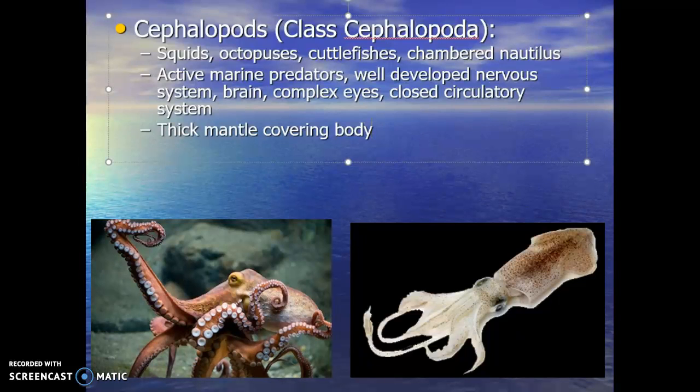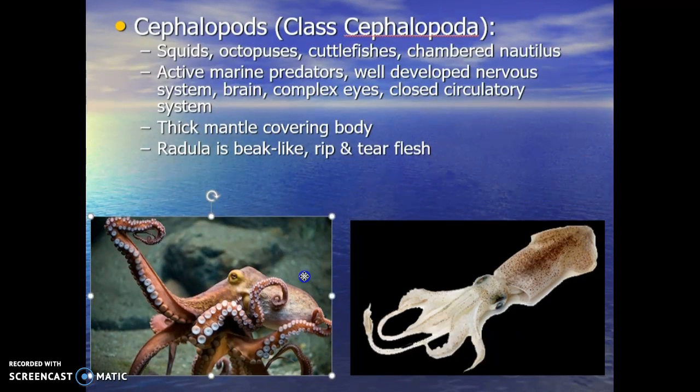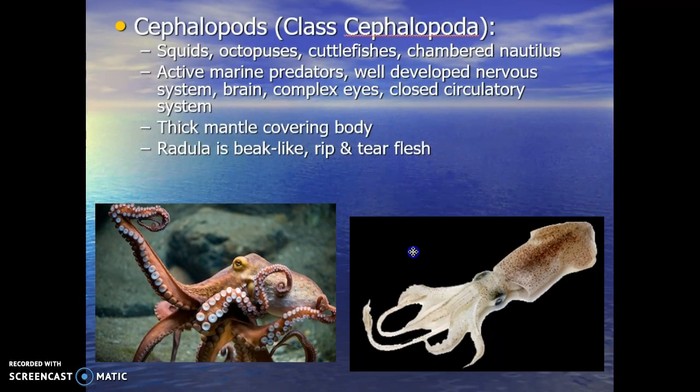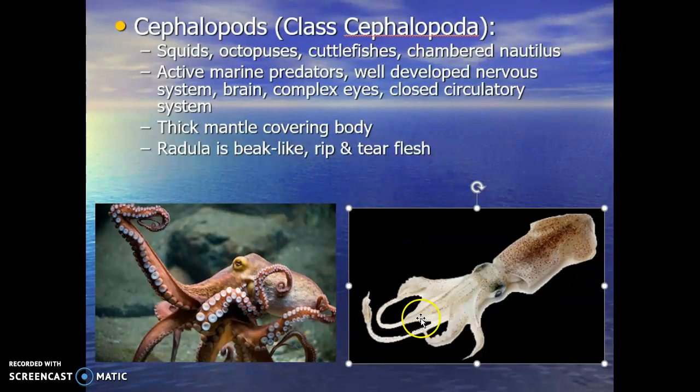The radula is beak-like, and it enables them to rip and tear flesh. Some of them will actually crush their prey depending upon how their radula and their mouth structures have evolved.